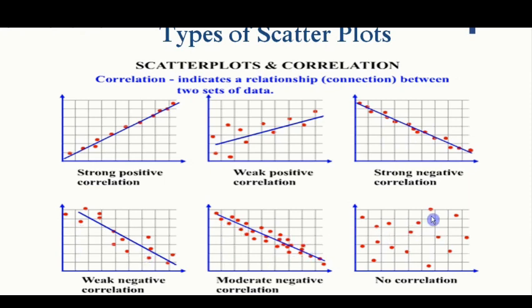Now look at this particular scatter diagram. Here you see that for smaller values of x you get a similar number of y points as for the larger values of x. So, you do not see any kind of trend in the two variables.